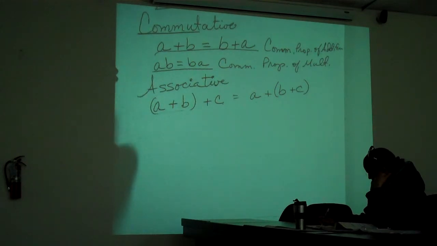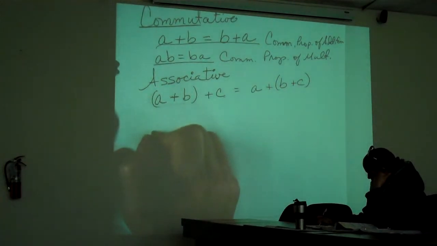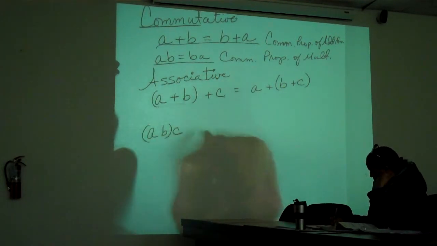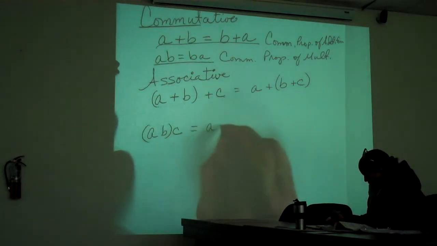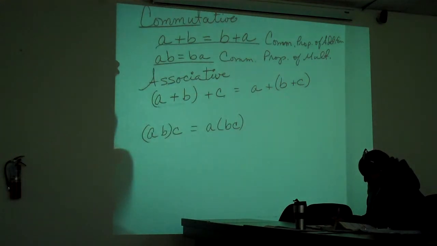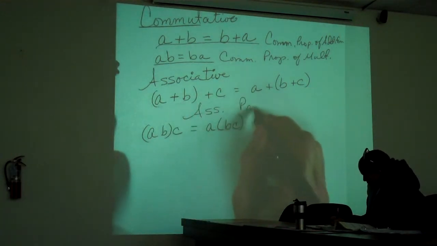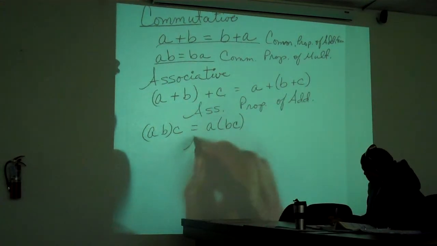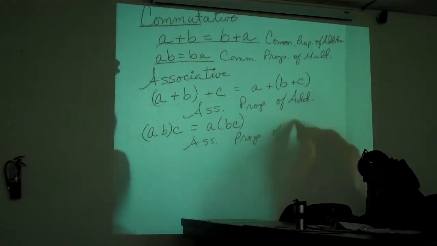If it's all multiplication, you can multiply it in any order. So your multiplication will be AB with the parenthesis, C on the outside, and then A in the parentheses around BC, still in the same order. So these are your associative properties of addition and associative property of multiplication.